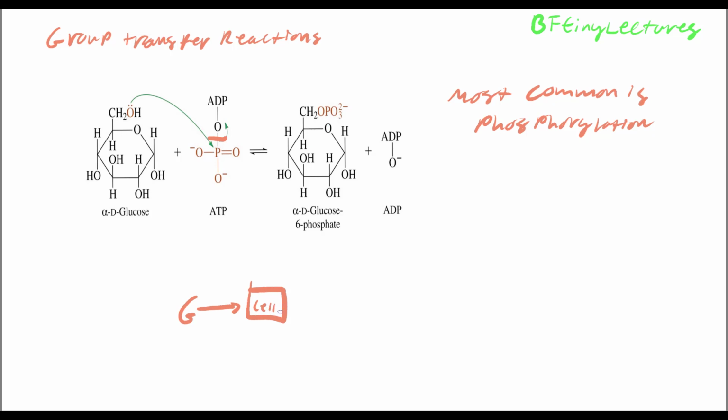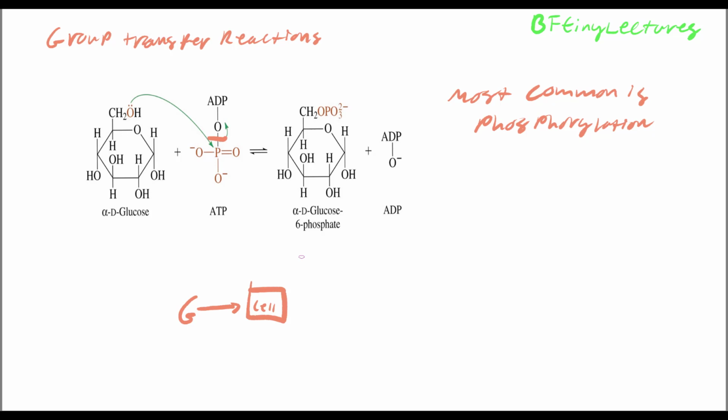Okay, so in this example, group transfer reactions of the phosphate group onto the glucose is going to prohibit the glucose from exiting the cell. And that allows the cell to absorb nutrients, do reactions with the glucose, incorporate it into its metabolism, right? So you don't want your fuel source to be zipping right through you.